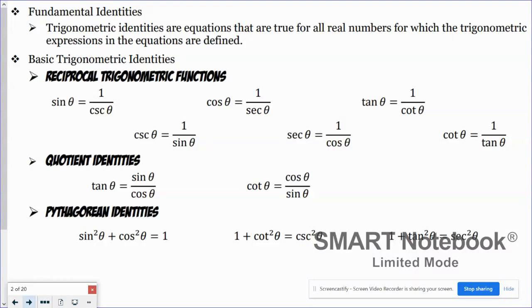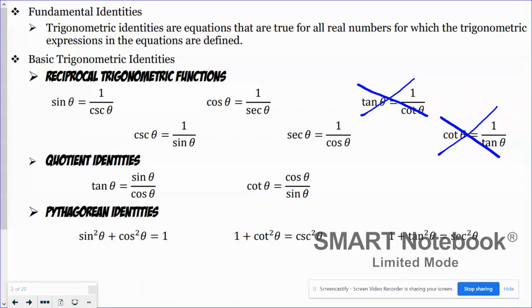So I'm going to let you know something. When it comes to tangent and cotangent, very rarely do we actually use these two. It's so much more useful to use that tangent is sine over cosine and that cotangent is cosine over sine.